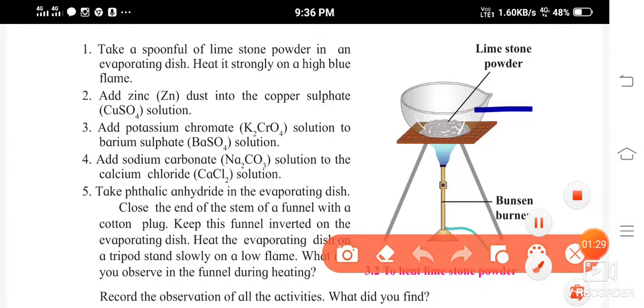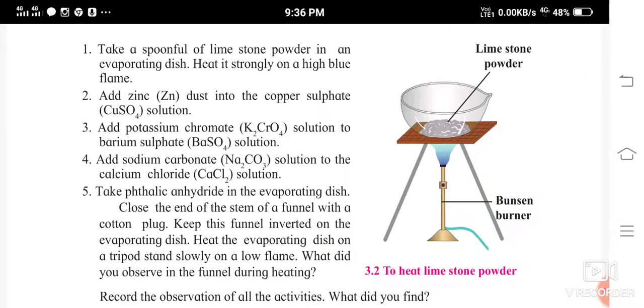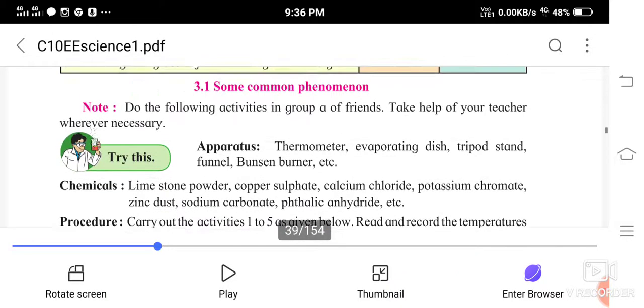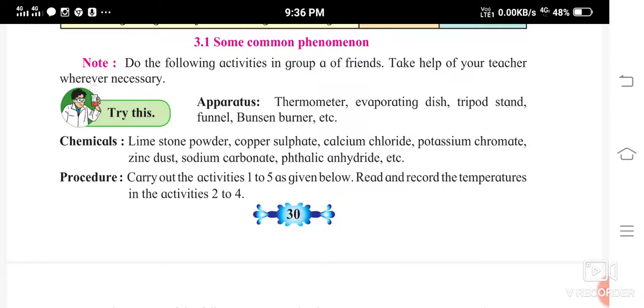This is the evaporating dish. This is the tripod stand. Then you can see the flame over here. So this is the Bunsen burner. And you require a thermometer also. You all must have seen a thermometer.